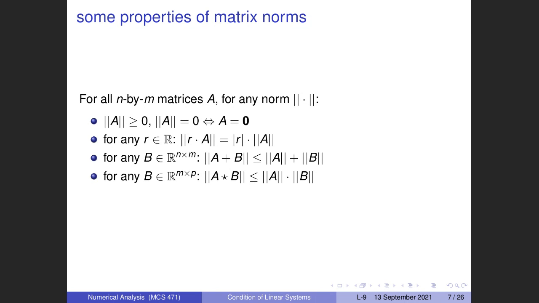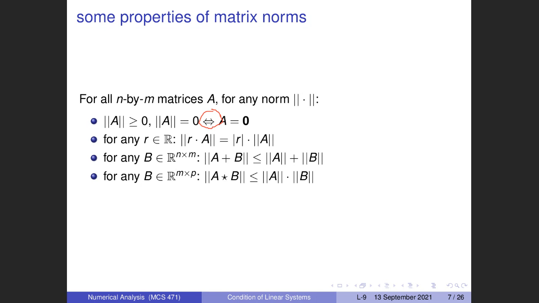And it's only when the matrix is identically 0 that you have a 0 norm. So one direction of this equivalence is obvious. If the matrix is 0, then any norm will be 0. The other direction is probably not that immediately clear, but let's not go in there.